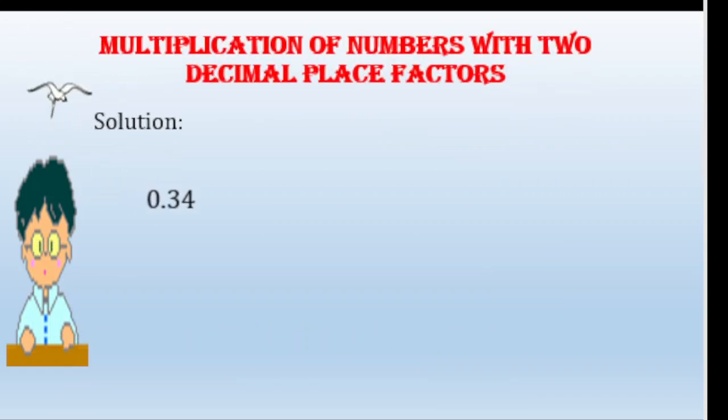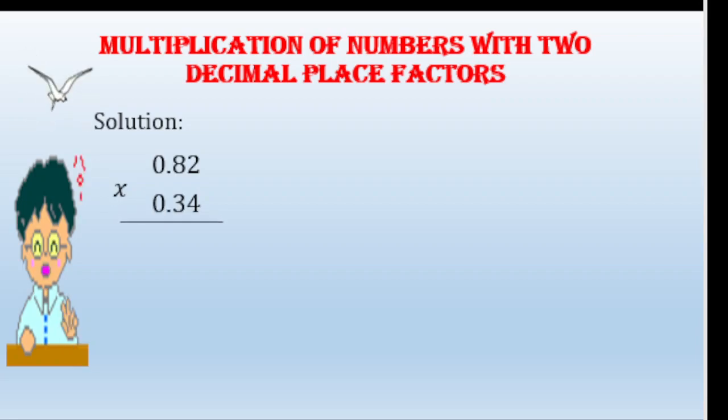So you have 34 hundredths multiplied by 82. Start multiplying from the hundredths place. So you have 4 times 2 is 8, and then 4 times 8 is 32, and then proceed to the tens place.